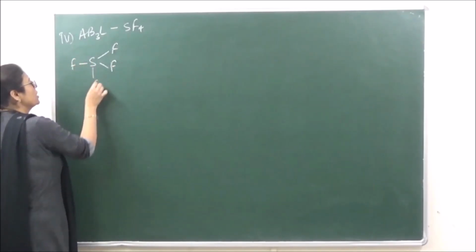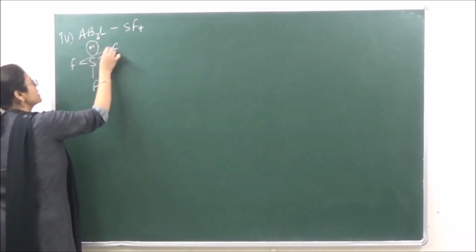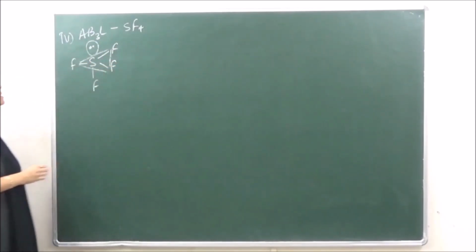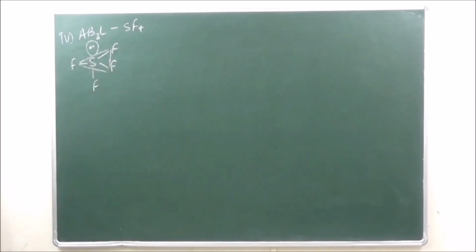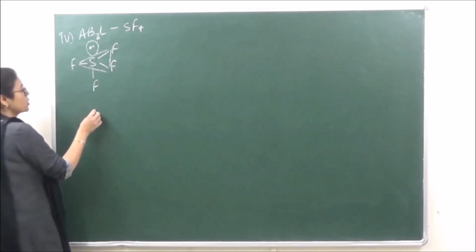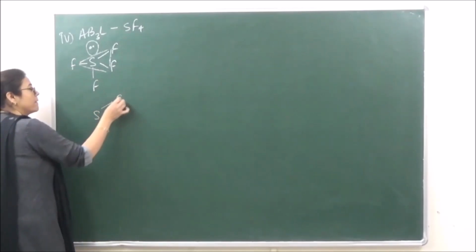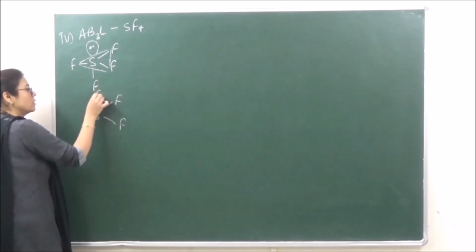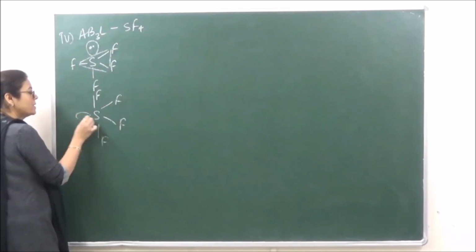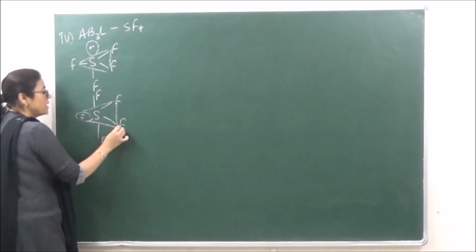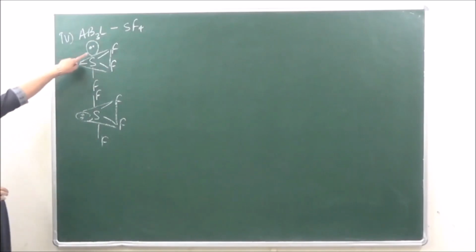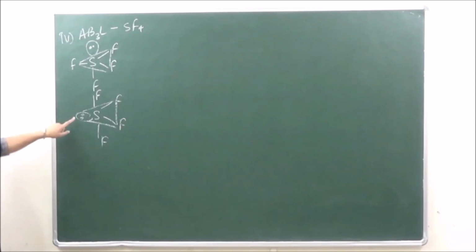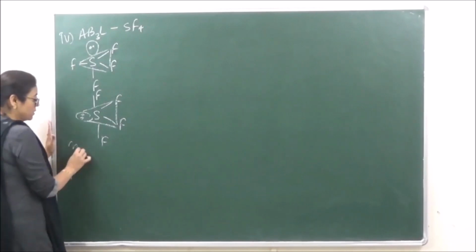The first structure in which the lone pair is directed towards the axial position, and the second in which the lone pair is directed towards the equatorial position. So if you're looking at this lone pair over here, this is going to suffer 3 repulsions, and this lone pair over here is only going to suffer 2 repulsions. So this is more stable.